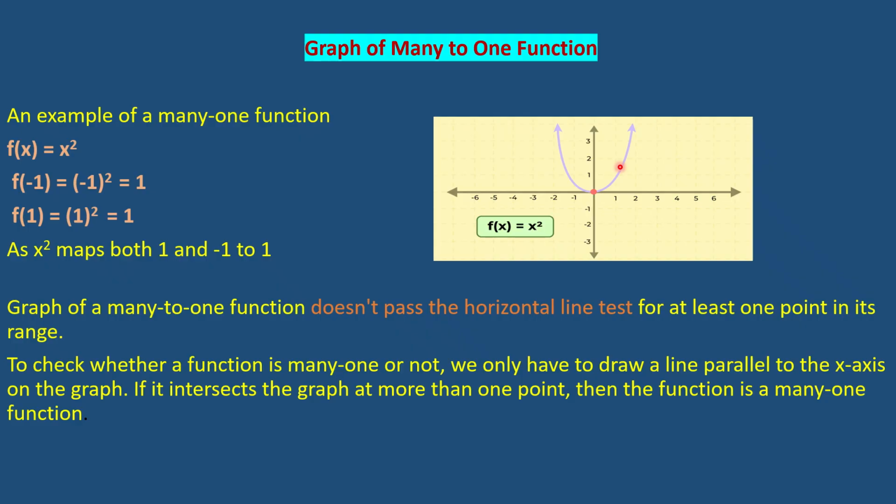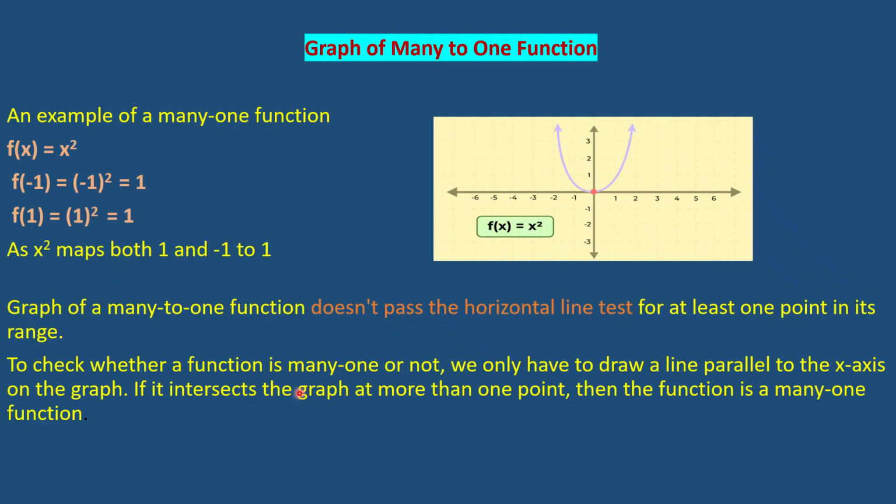Means there are two different values of x over here which give the same value of y. So the horizontal line test is not satisfied by this many-one function, because two inputs are giving the same output.